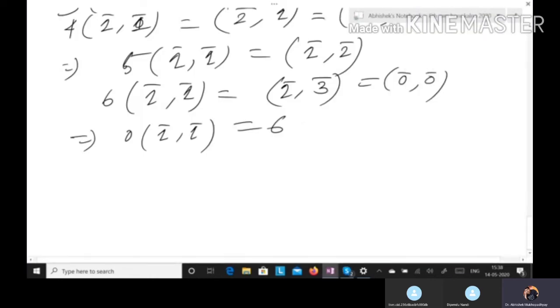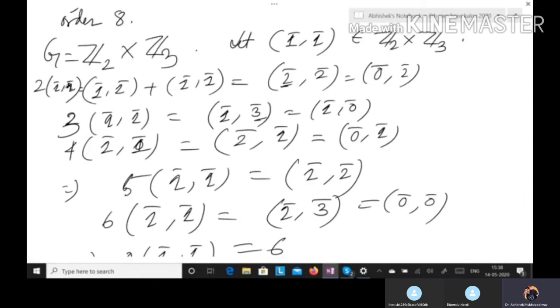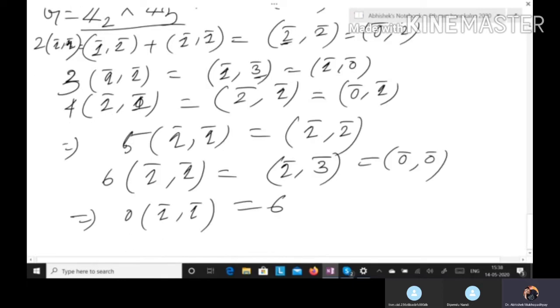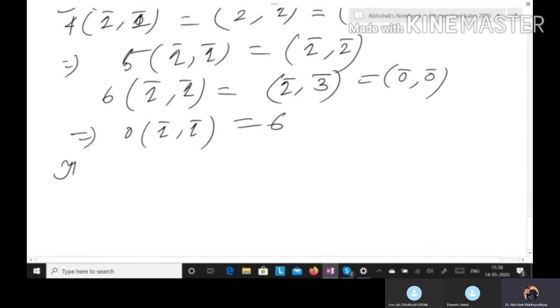And this proves that Z2 cross Z3 contains an element of order 6, which is the order of the group Z2 cross Z3. So this proves that Z2 cross Z3 is cyclic.